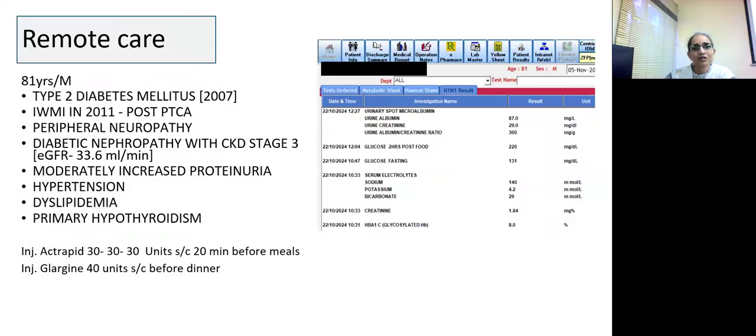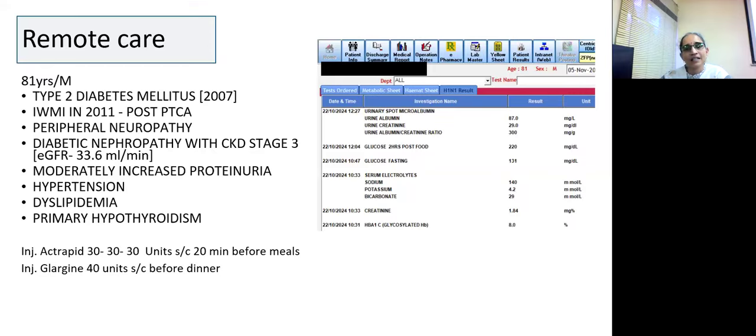So this is just an example of what we did last year. This was an 81-year-old, one of our retired staff, who has long-standing type 2 diabetes and multiple comorbidities related to diabetes. Because of his mobility issues, he was unable to come to hospital.